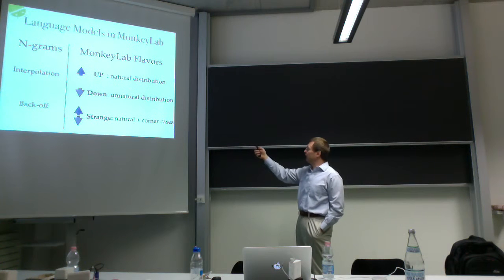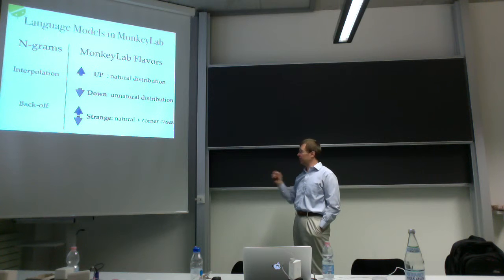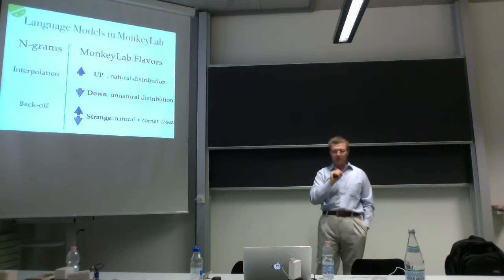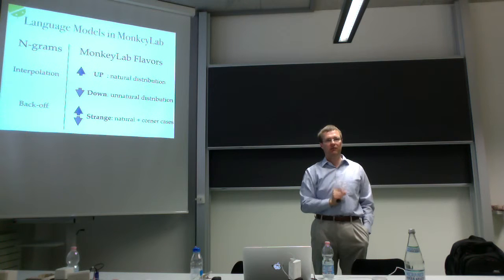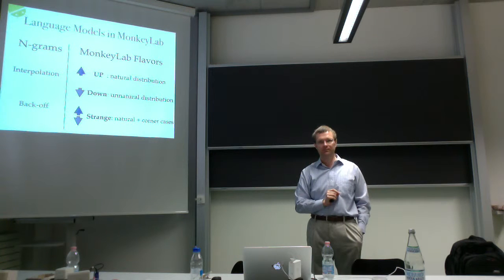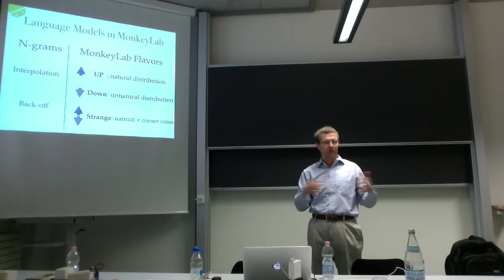And we call this the up strategy, or natural distribution. The idea here is we would like to sample the most likely events given a prefix of events, right? So if you are typing a lot of text in this particular window, you're likely to send an email, right?